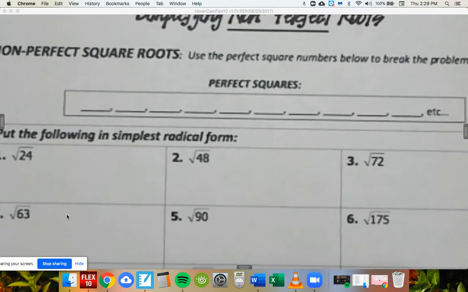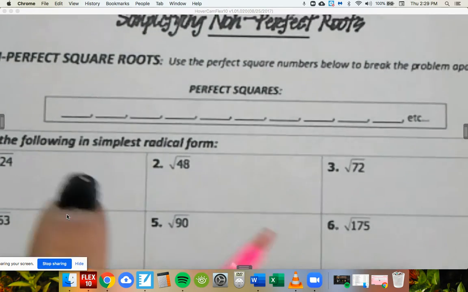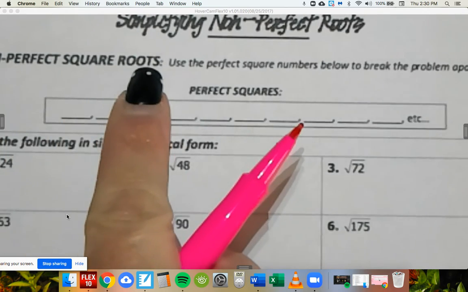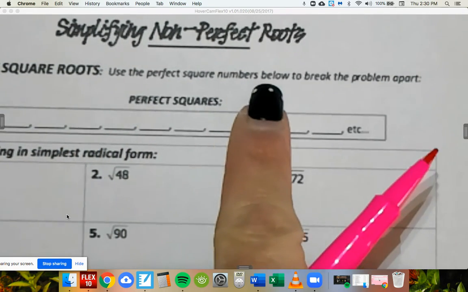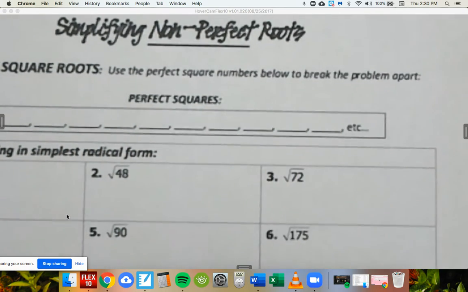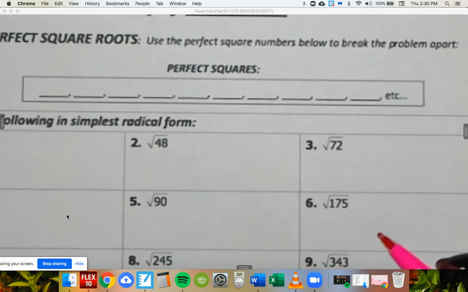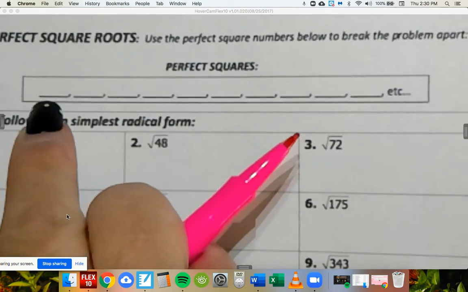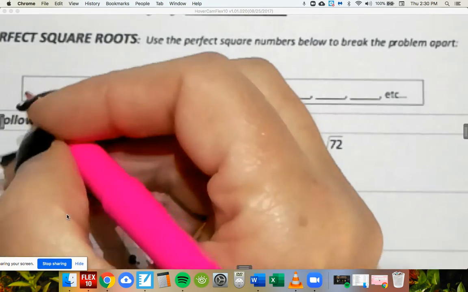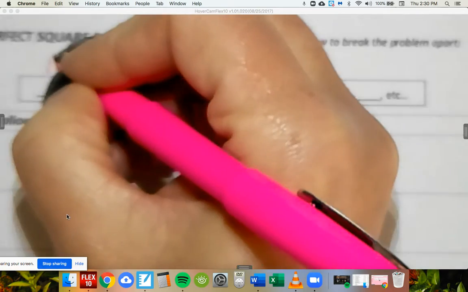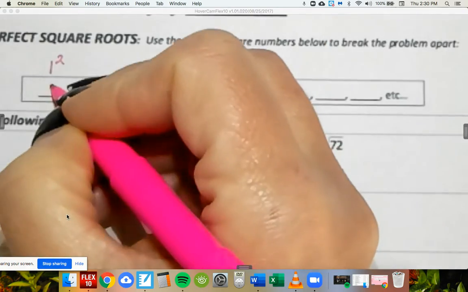So let's talk about non-perfect square roots. It says use the perfect square numbers below to break the problem apart. So let me give you the first few perfect squares. So what we're asking, or what we're going to list here is, what is 1 squared? 1.